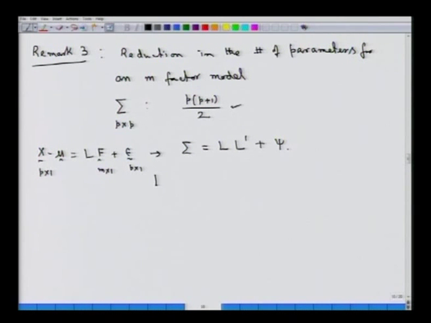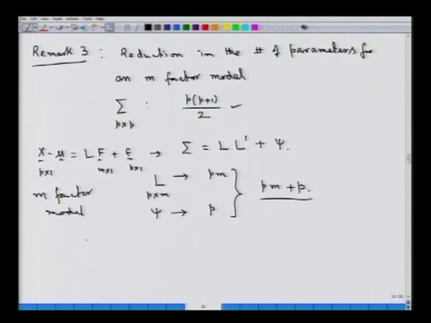Now what is the number of parameters that we have here? In case of this m-factor model, L is a matrix of p by m constants. So there are p times m entries in L, and this psi, remember, is a diagonal matrix of order p, so there are p entries in it. So collectively, for the m-factor model, we have pm plus p.